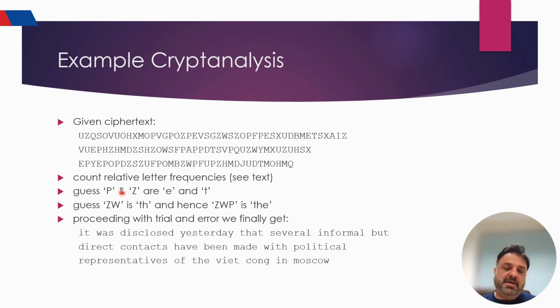For example, after counting this, we can guess P and Z are E and T because their occurrence in this cipher message is very high. And then ZW as TH and ZWP as THE. After doing that, we can simply cryptanalyze the message, and the plaintext message is this one.